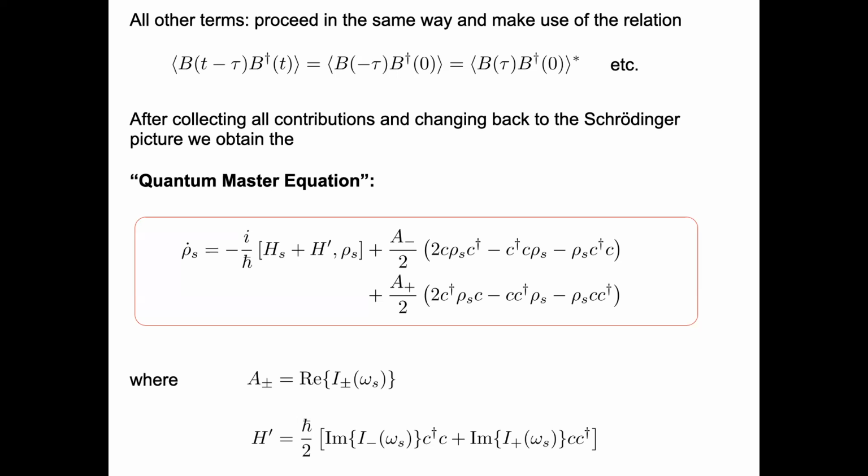Remember, if I take the trace over the system degrees of freedom, I can make cyclic permutations between all the operators. So from these two, I take one of them, the cρc† under the trace. The trace over the system is equal to the trace over the system, and I can put it to the other side.